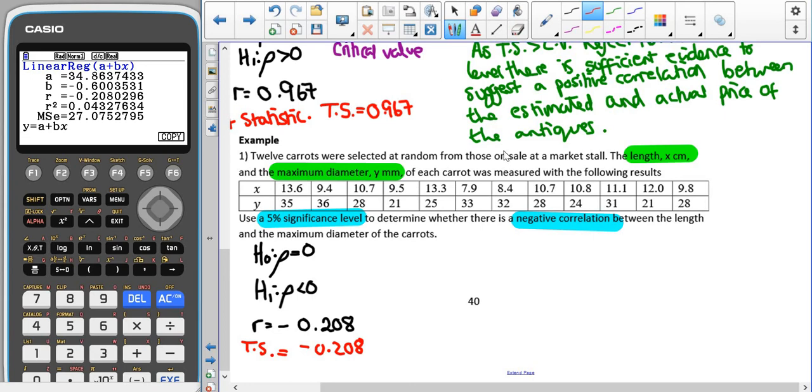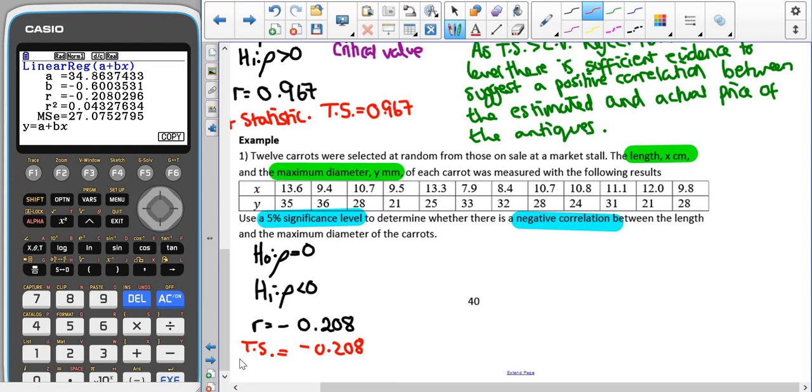However, when I look at my critical value from my critical value table, that is going to give me a positive number. And because I always want to be comparing a positive number with a positive number because it makes it a lot easier to make the comparison, I want to make it so that my test statistic is positive. I do this by using what are called modulus lines.